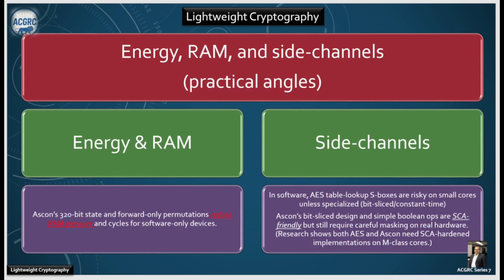So from an energy and RAM perspective, Ascon's 320-bit state has reduced RAM pressure and cycles used, specifically on software-only devices.